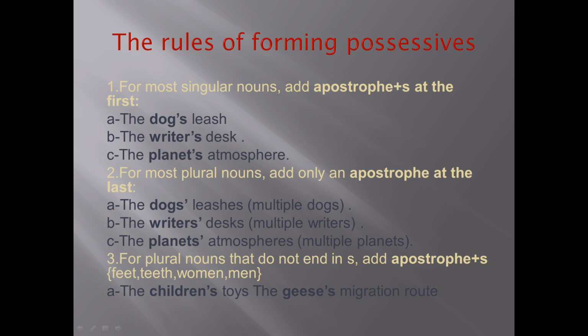If I'm talking about the children's toys, I will say the children's, putting apostrophe S, toys. Children is a plural noun that does not end with S. The geese's migration route. Here I also put apostrophe S for the geese. Geese is a plural noun that does not end with S.